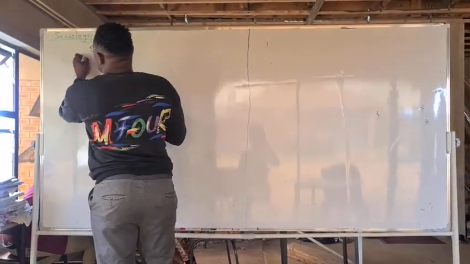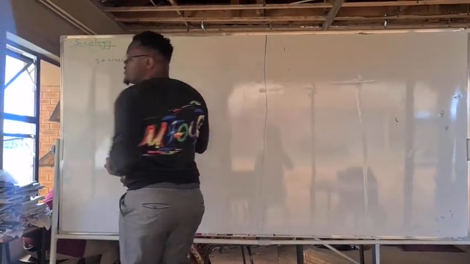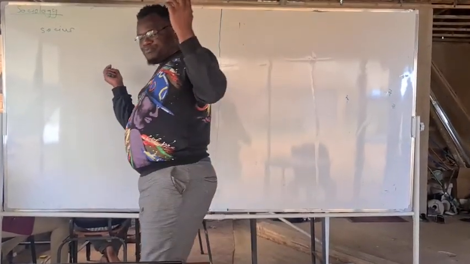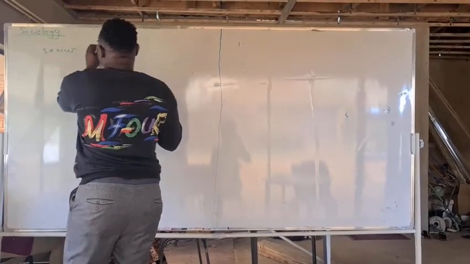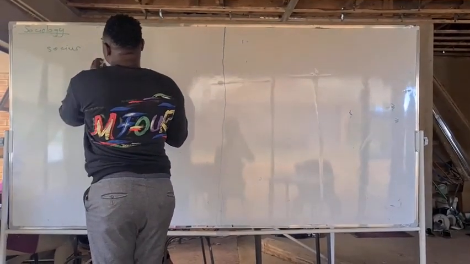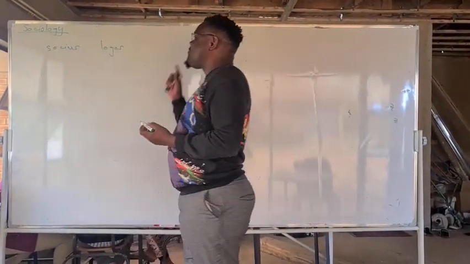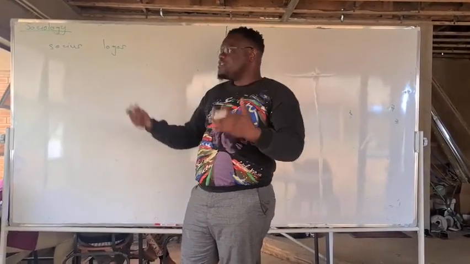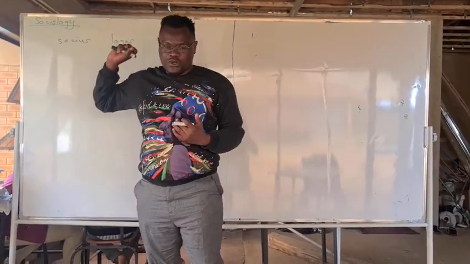It's important for us to know the etymologies of these words. So it is the combination of socius and logos, which helped him to come up with the word sociology.